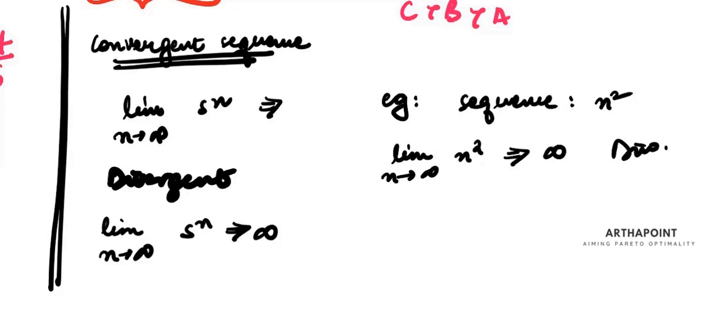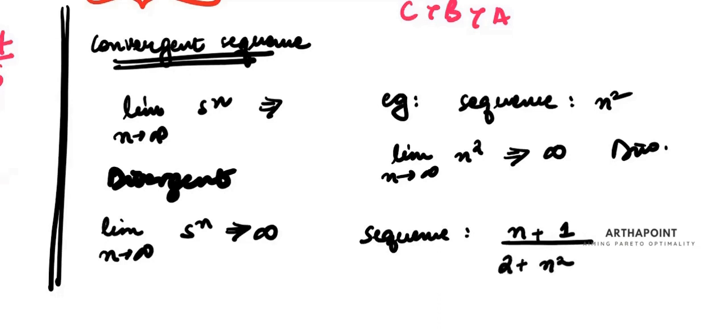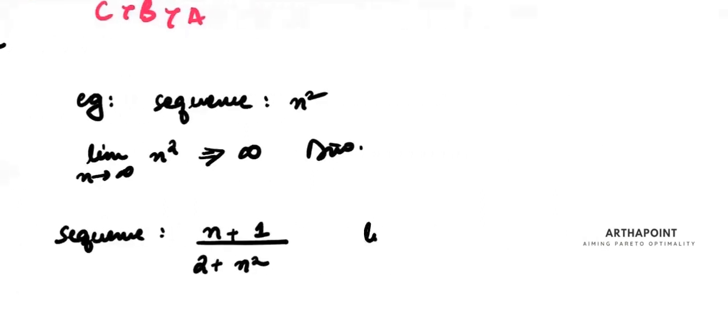But take another example. Let's say I have a sequence n plus 1 upon 2 plus n square. I'm just taking a random example to help you understand convergent and divergent sequences. Now when I apply limit n tends to infinity, if you directly apply, you will get infinity by infinity.